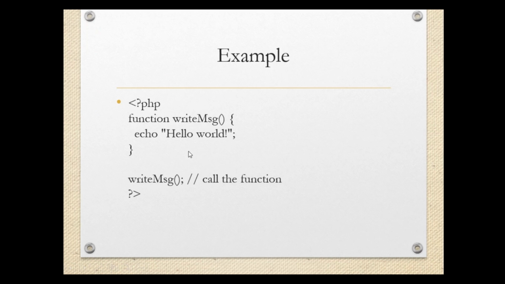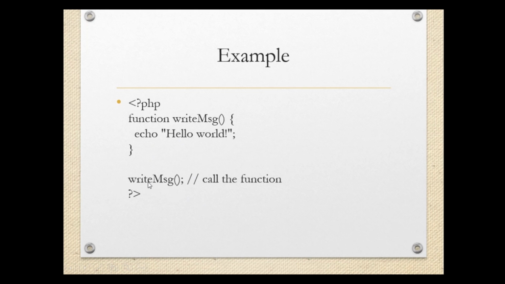A simple example of a function: we have just opened the opening tag and closing tag of PHP. Under that we have written the keyword function and the function name, as you can see, that is writeMsg. In curly brackets we are just printing one statement, that is echo "Hello world". And after creating the function, as I said, it is compulsory to call the function.